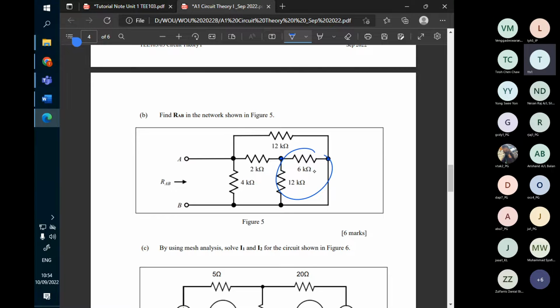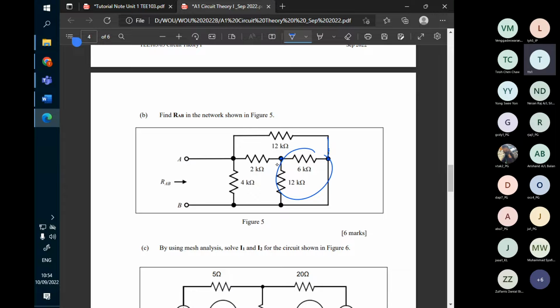These two are parallel, but you have to be careful. They are also sharing another branch with this 12K, so you cannot say they are all in parallel. So these two parallel is quite obvious, but these two are not parallel with this one.